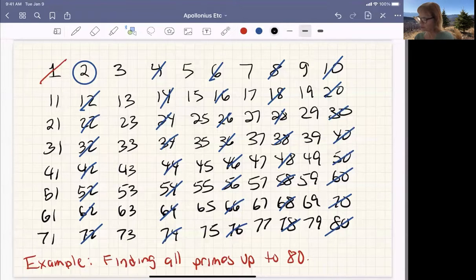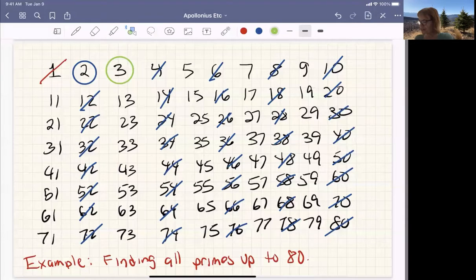All right, I'm going to switch colors. Now, I've finished that step, and I'm going to circle the next number that's not crossed off, and that is 3. Starting at 3, I'm going to count 1, 2, 3, and each time I say 3, I'm going to cross off that number, and in that way, I'm going to cross off all multiples of 3. Some of the numbers have already been crossed off.